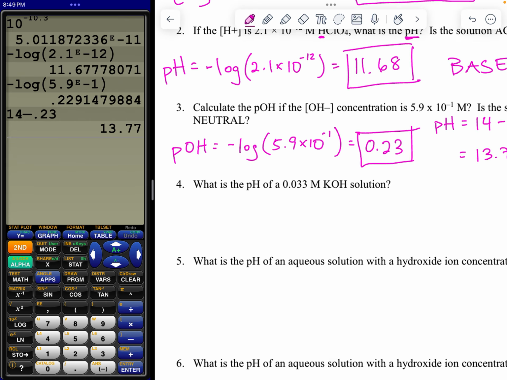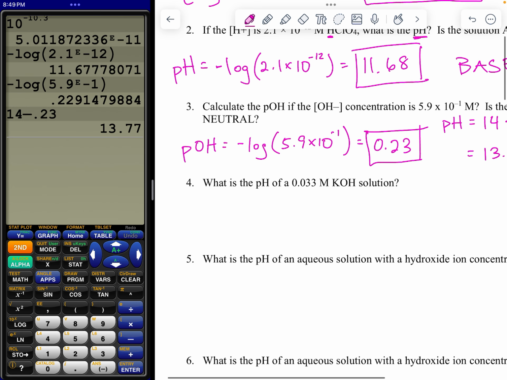All right, what is the pH of a 0.033 molar KOH solution? Now notice I'm looking for pH, but I give you KOH, which is a base because it has the OH ion. So what we're going to end up having to do is take that 0.033 concentration and find the pOH first.